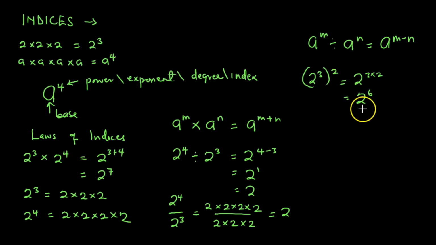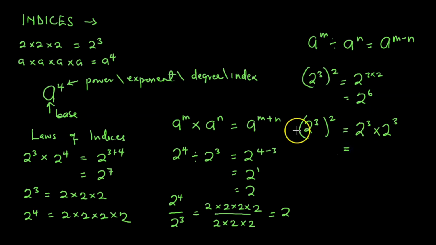Now we can also explain it using another idea, which is if I have 2 to the power 3 all to the power 2, we can expand it and write it as 2 to the power 3 multiplying 2 to the power 3. Because when you have a function raised to the squared power, then it means that we can split it twice.